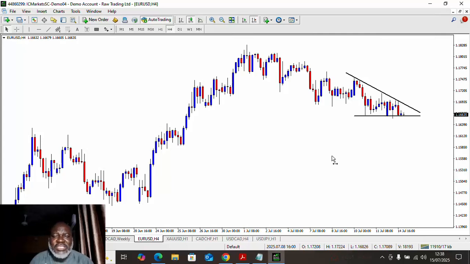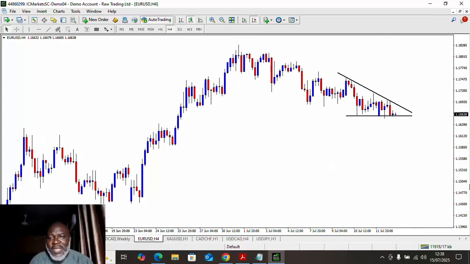Again, when you look at this chart that I'm looking at here, you see that this market has created what? The bearish pennant. And what that means is that, sorry, this is supposed to be a descending triangle, if you like, which could also metamorphose into a pennant.